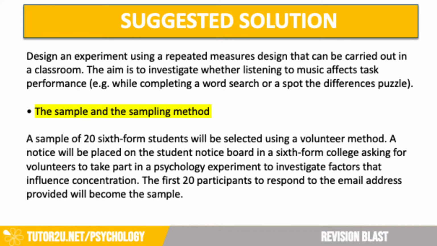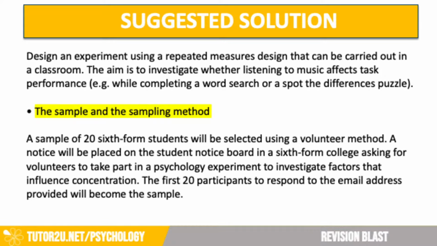So if we have a look at our method then, the sample and the sampling method. We decided that a sample of 26 form students will be selected using a volunteer method. So we've gone for volunteer sampling. Again, you've got to explain exactly how you would do that. A notice will be placed on the student notice board in a sixth form college, asking for volunteers to take part in a psychology experiment to investigate factors that influence concentration.